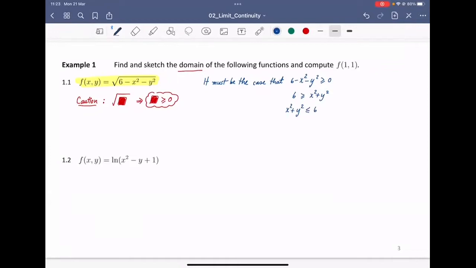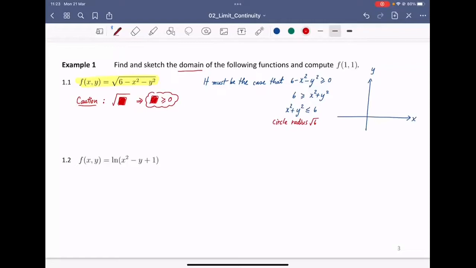So if you draw the graph, this is the y-axis, this is the x-axis. The domain is gonna be the circle. What is the radius? The radius is square root 6, because x squared plus y squared is less than or equal to 6.